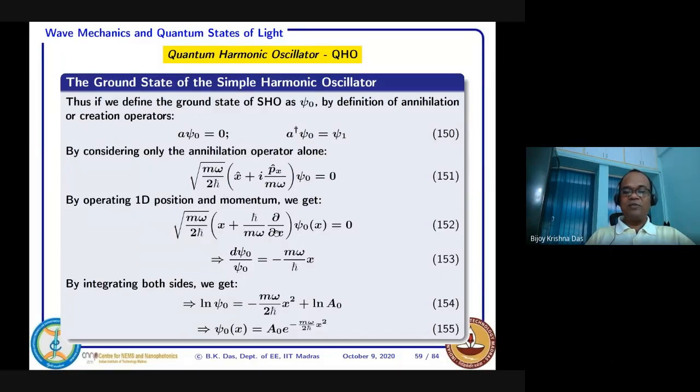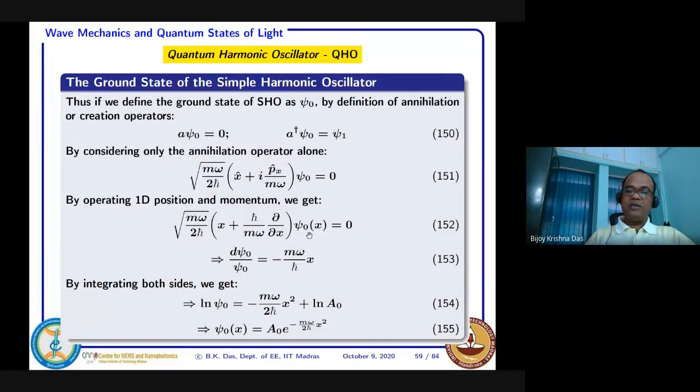After operating, whatever you get will again be multiplied by x psi naught, and that is what gives 0. If you factor psi naught out, then you are left with only the operator, which is actually no use. So we multiply here x psi naught.